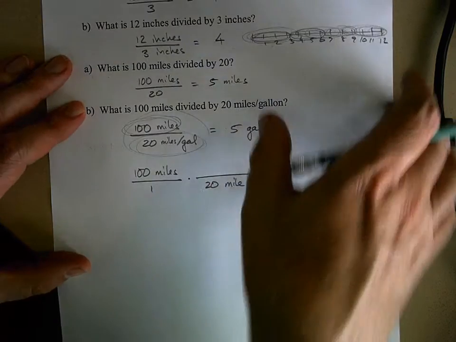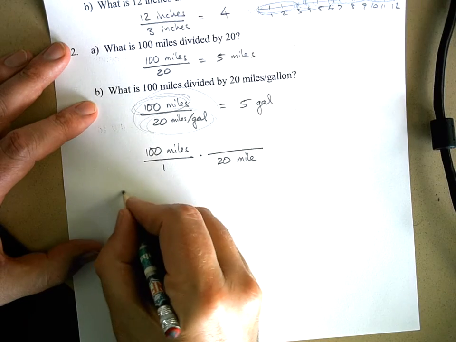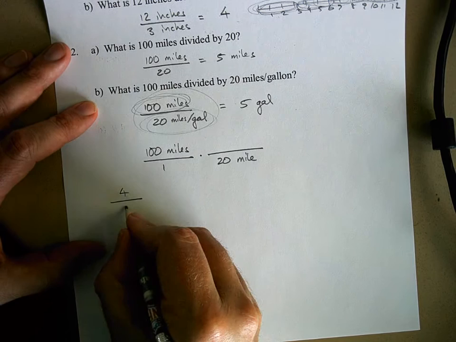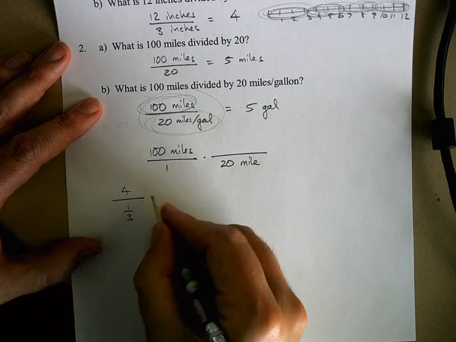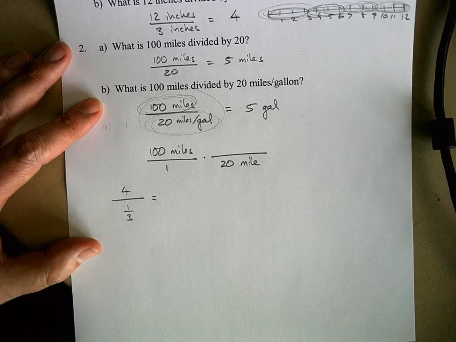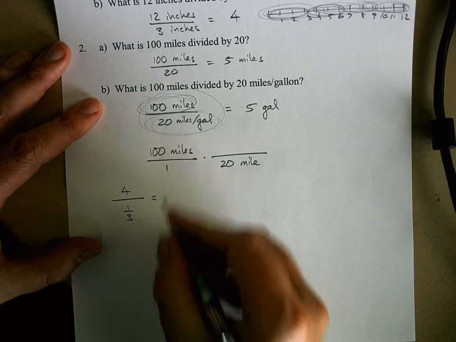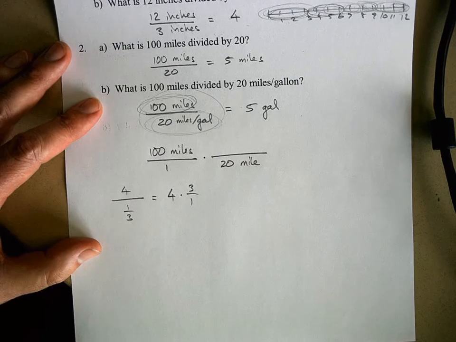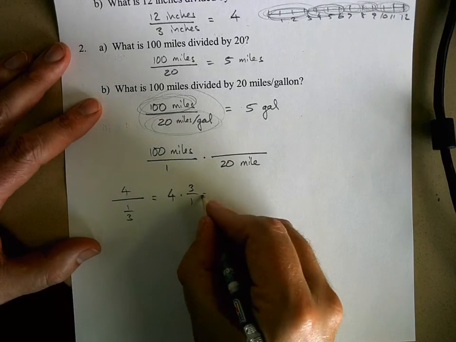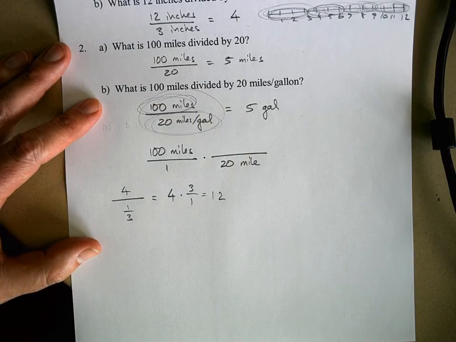Let's say you have 4 divided by 1/3. You probably did this in the 6th grade. Remember, you reciprocate and multiply, right? So this is 4 times 3 over 1, and you would get 12.